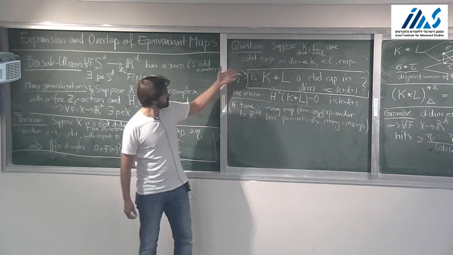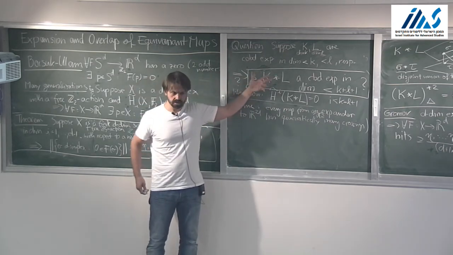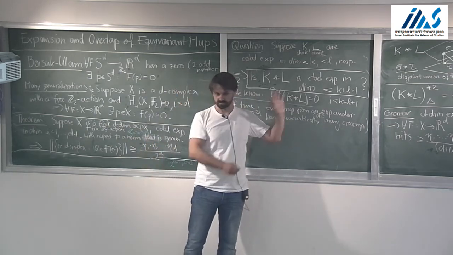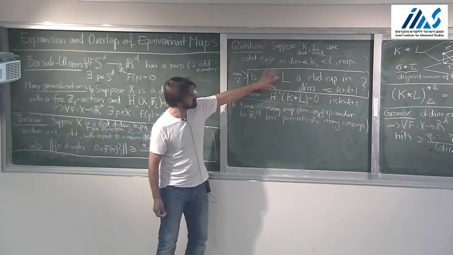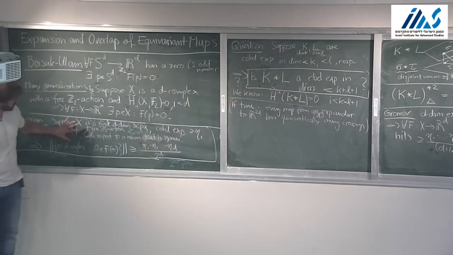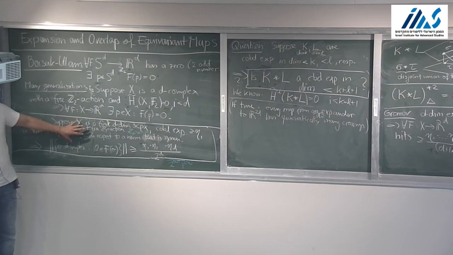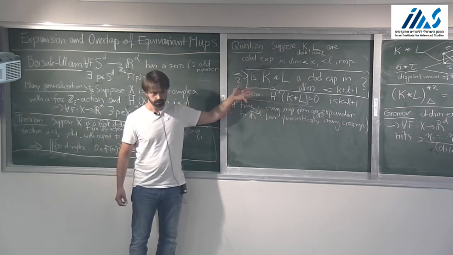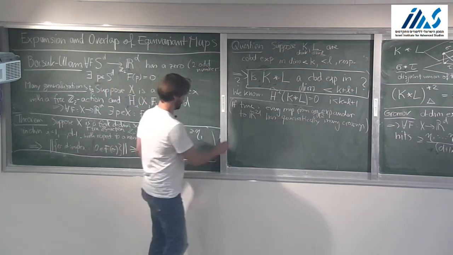Which means that the deleted join would still be an expander, at least maybe apart from some very small cochains that don't matter. So the deleted join would still have suitable expansion properties, and then you could apply this theorem to the deleted join, and you would get this kind of result simply by plugging this in.